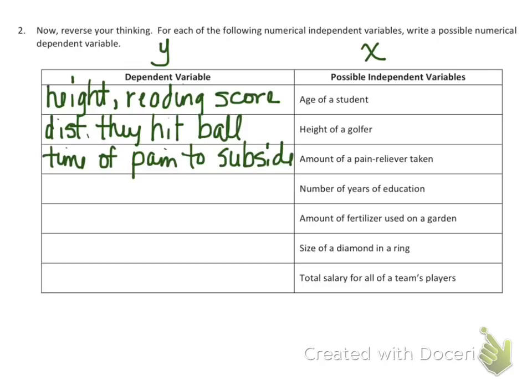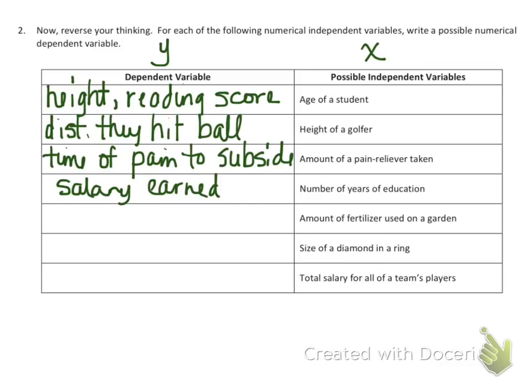So it's kind of an interesting example to have here. So number of years of education. How about the person's salary? The salary earned. Okay, so more education maybe could translate to a greater salary.